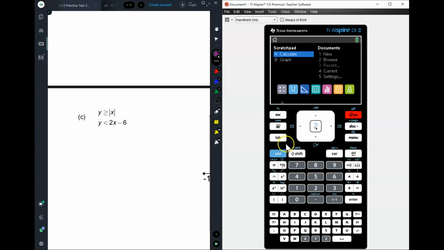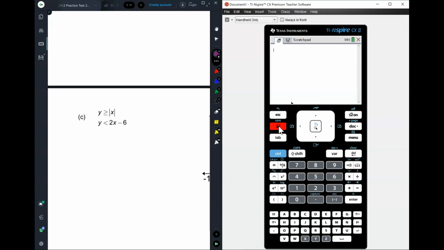Right? And then 2x minus 6, so tab, y is less than 2x minus 6. Okay, so you see how you can't even tell what's happening up there, right?